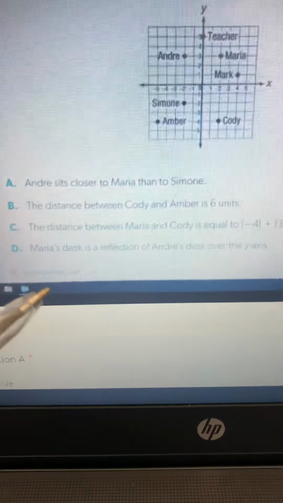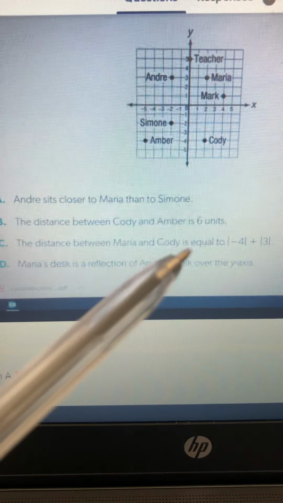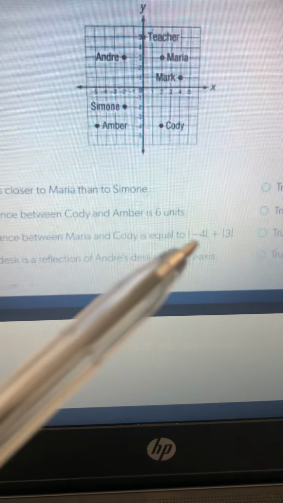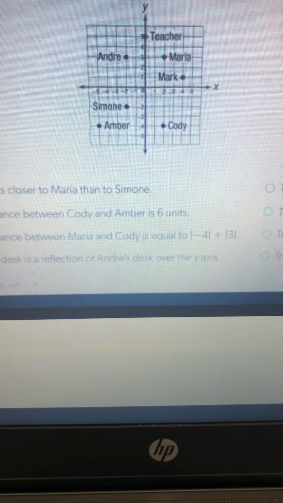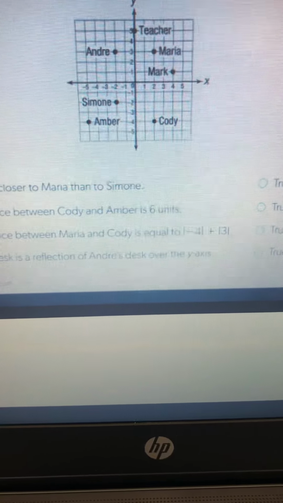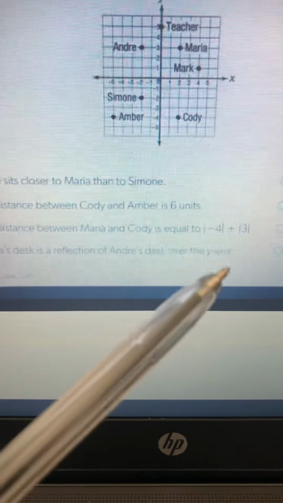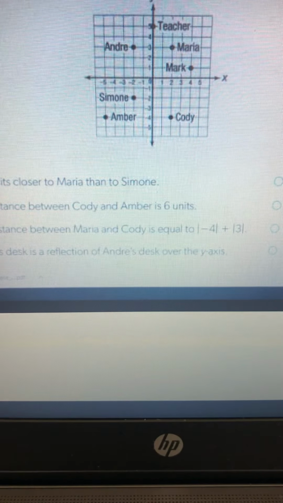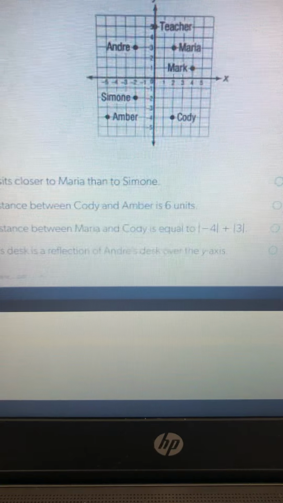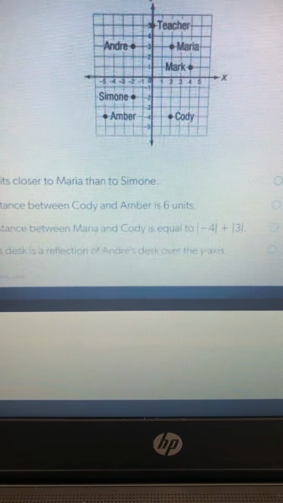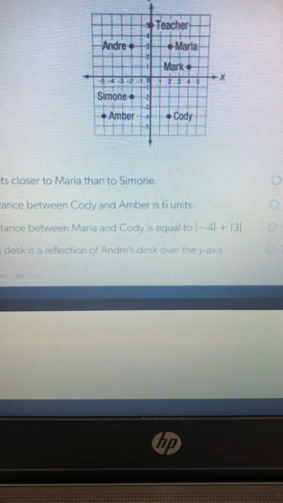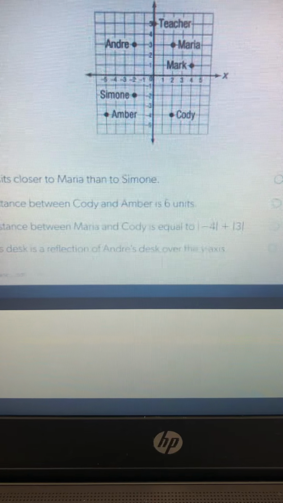Letter C. The distance between Maria and Cody is equal to the absolute value of -4 plus 3. So we know absolute value is always what? Positive. Okay, so we have absolute value of 4. That means that's the distance from 4 to 0 is 4 spaces, right?